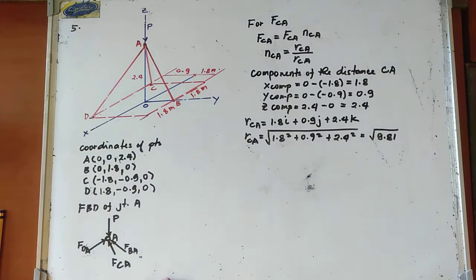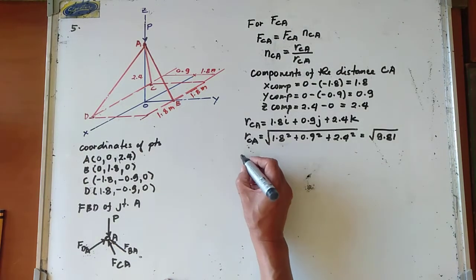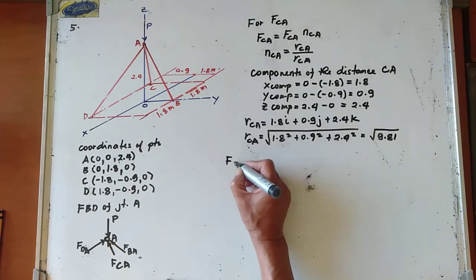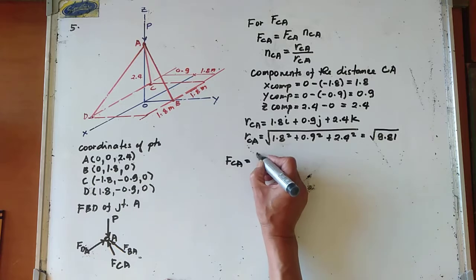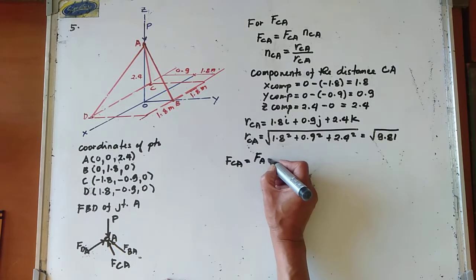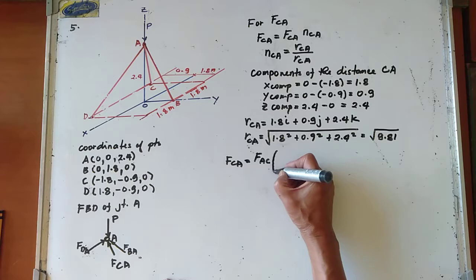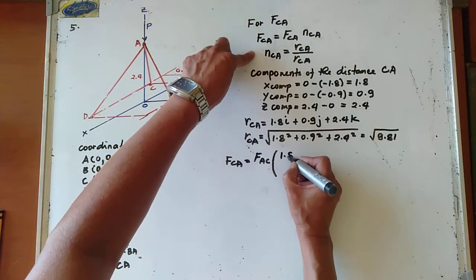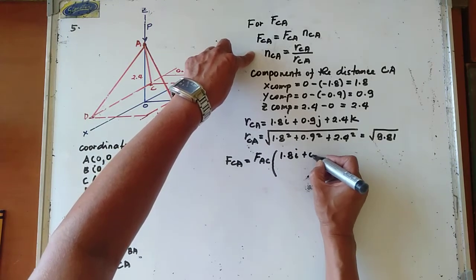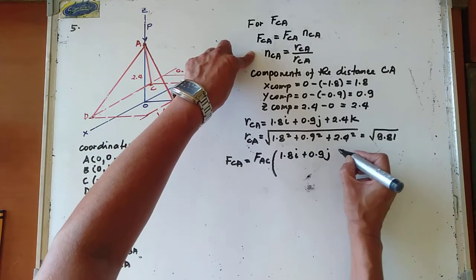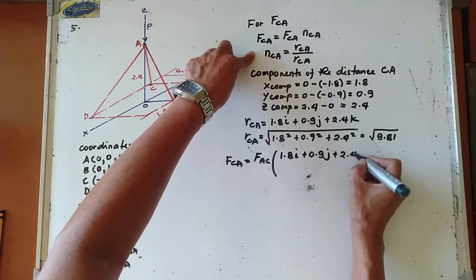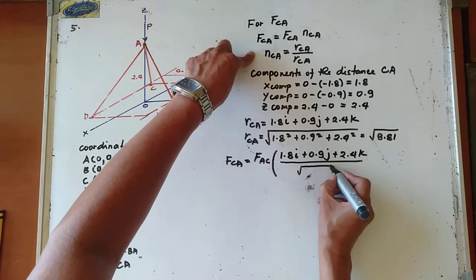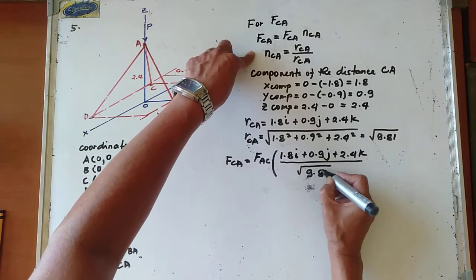Hence, FCA in Cartesian form is equal to its magnitude times the unit vector, 1.8i plus 0.9j plus 2.4k all over the square root of 9.81.